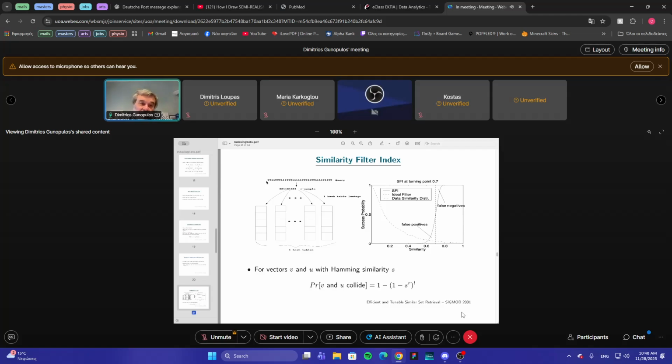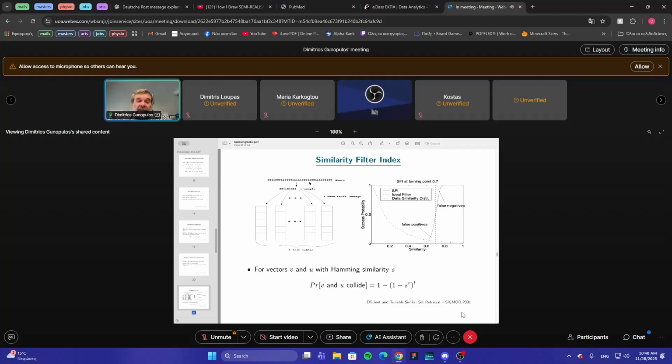So instead of taking the entire query and the entire signatures for each one of the documents and putting them, for example, in a hash table, what we do is we break them into smaller pieces. We pull them into bands.